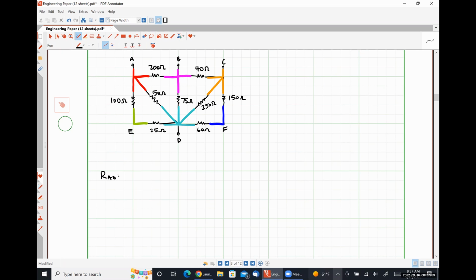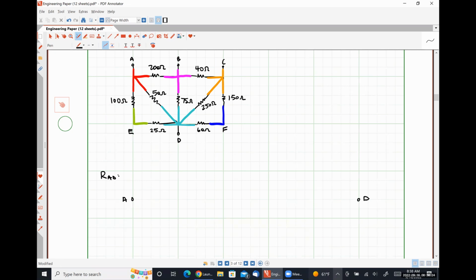Since we're finding the resistance between A and D, I'm going to put A on the left-hand side of my paper, D on the right-hand side of my paper. And I'm going to give myself plenty of room. All right. So let's start with the obvious thing.